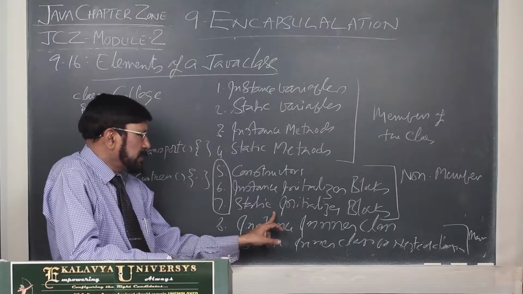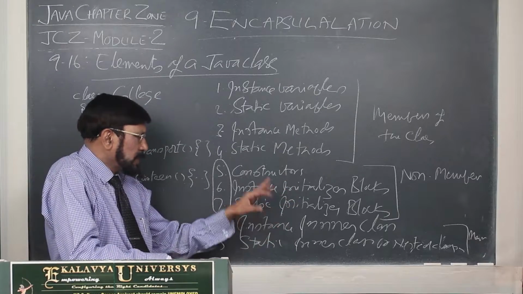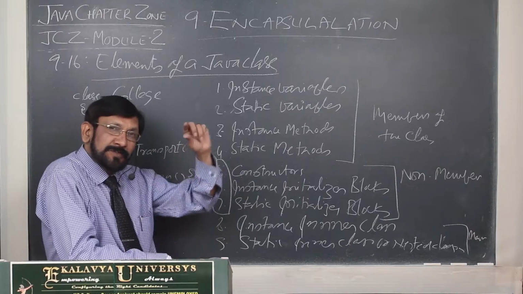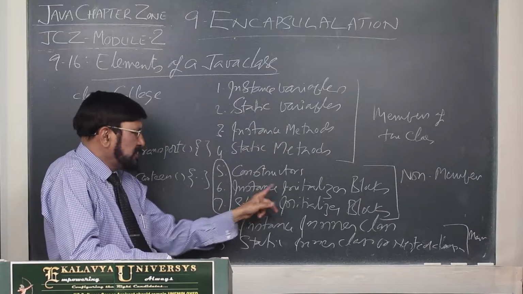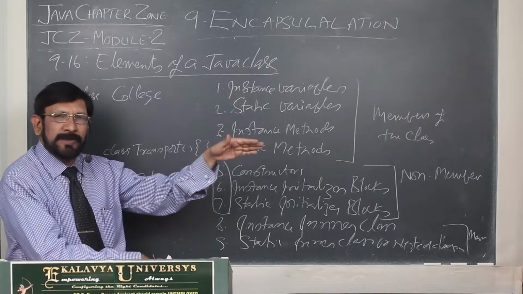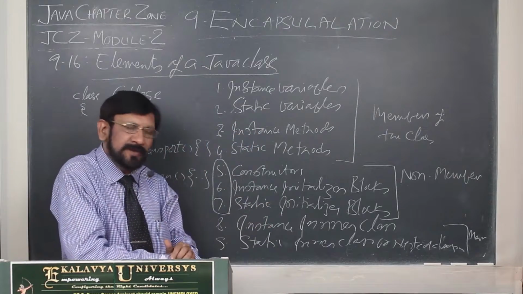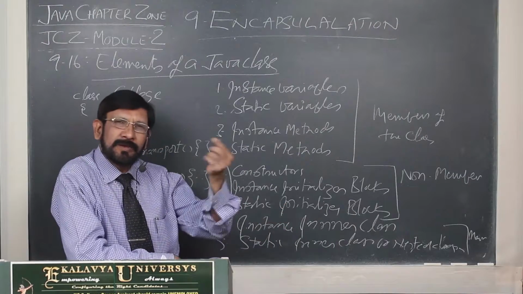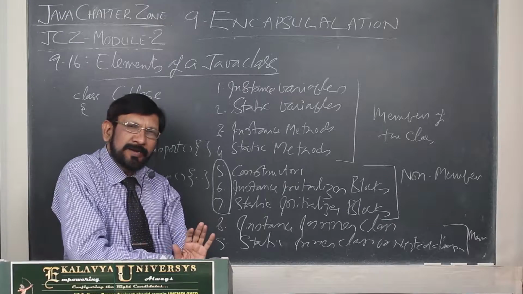And static initializer blocks are also initializer blocks with the static keyword at the top. For an instance initializer block, no word is there, but for static initializer blocks, the static word is there at the top. These are meant for initializing static variables or a one time task.